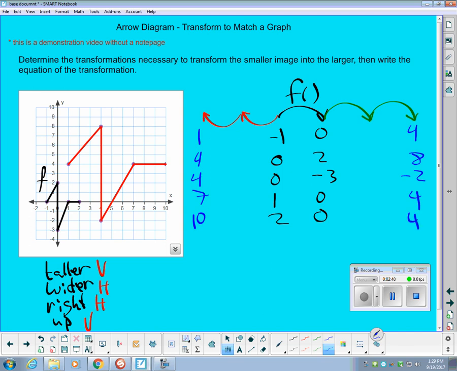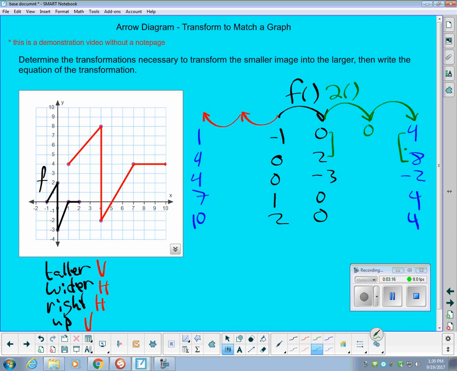And so the arrows that we have to change these lists in the middle into the lists on the side. This can be done in a variety of ways, but what typically works best is to fix the size of the gaps first. So when I look right here, I have a gap of 2, and over here I have a gap of 4. So the gap on the right over here is twice as big, so I'm going to multiply by 2 to make all these gaps twice as big when they get over there.